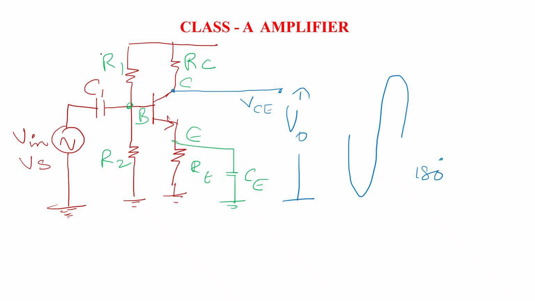How do we realize this? We will try to observe. During the classification of amplifiers, I told you that they operate in different modes, and the Class A amplifier has a complete cycle of 360 degrees. How do I say that?